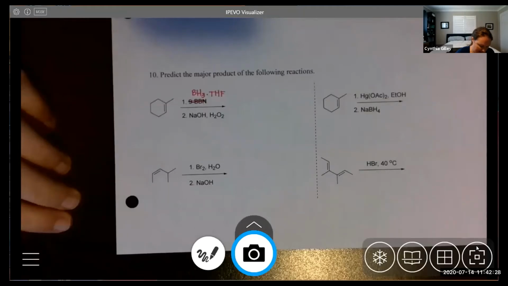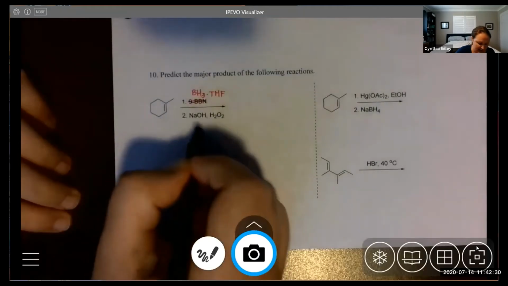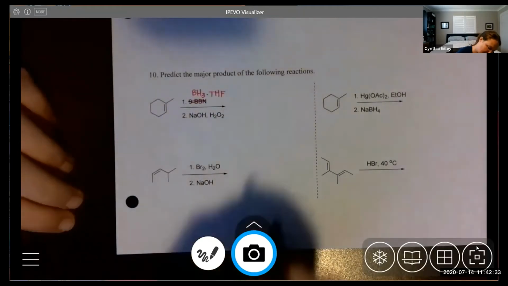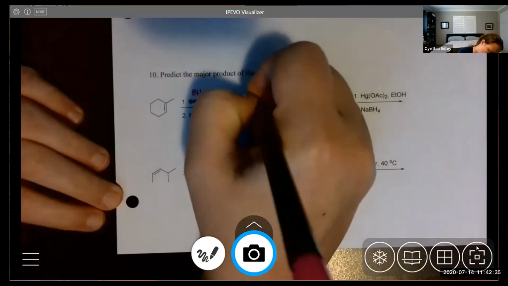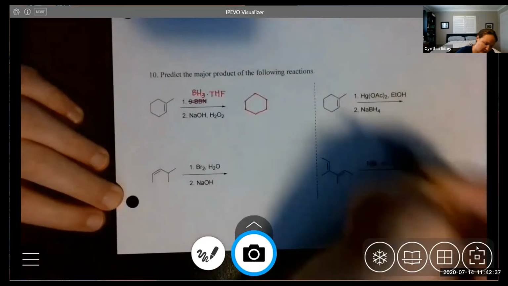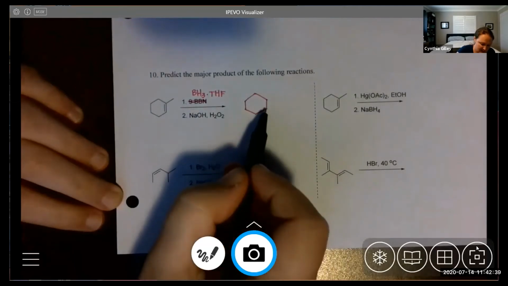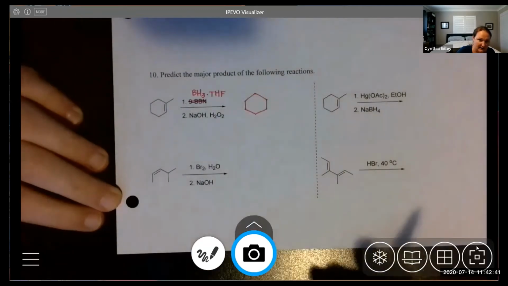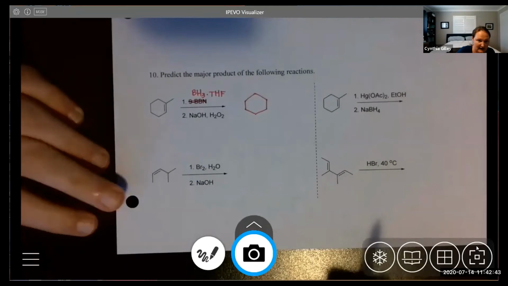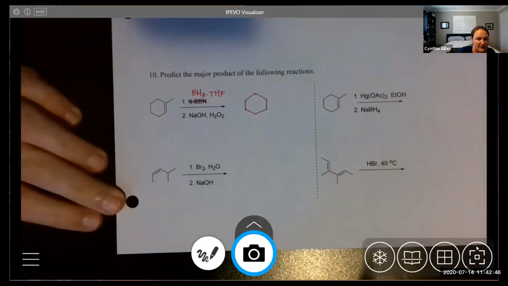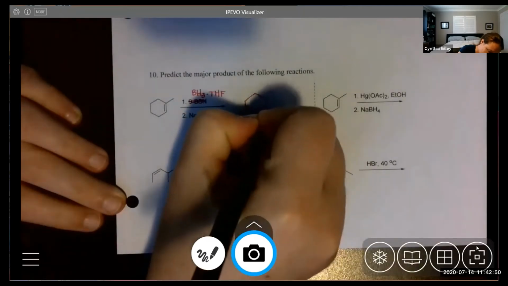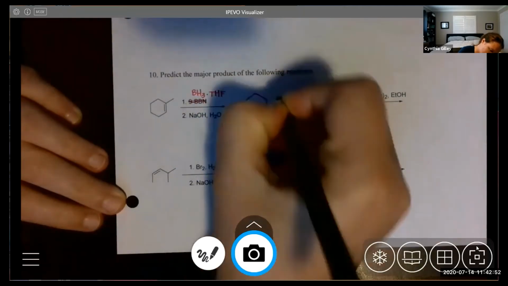Anyway, the idea is that this reaction is a hydration and it's anti-Markovnikov. So we would end up with the OH here, right, and the hydrogen here. And then the stereochemistry, it doesn't say necessarily to consider stereochemistry, but this one has a very specific stereochemistry, so we'll go ahead and draw it in.